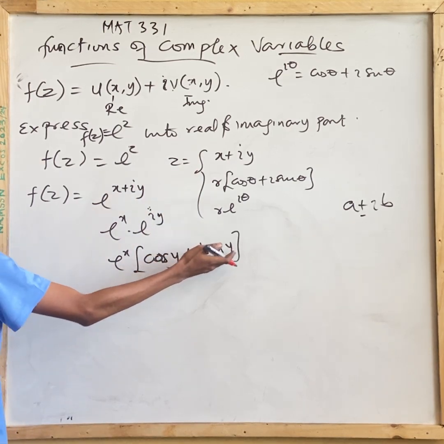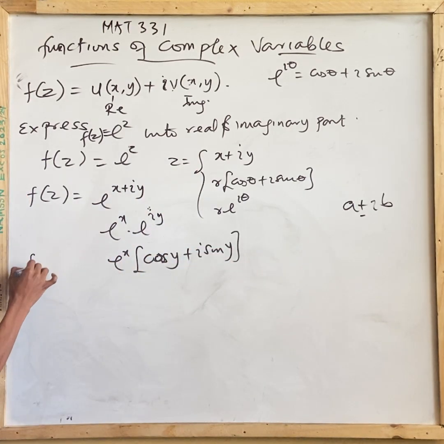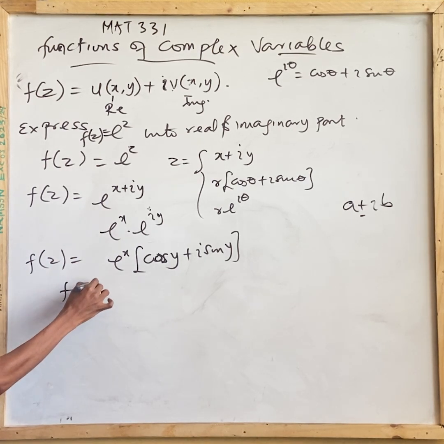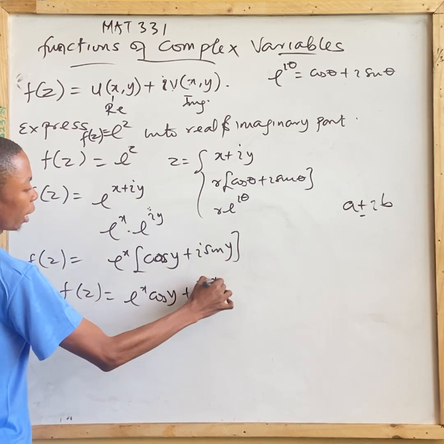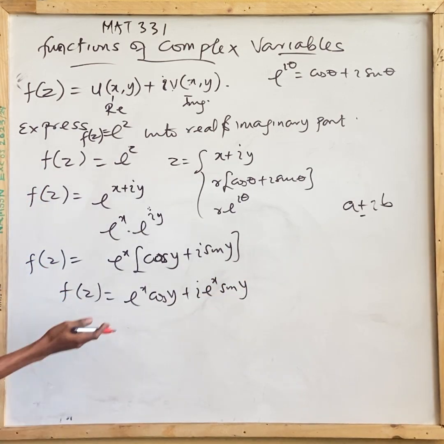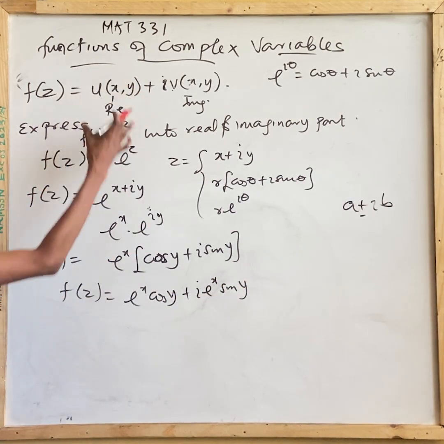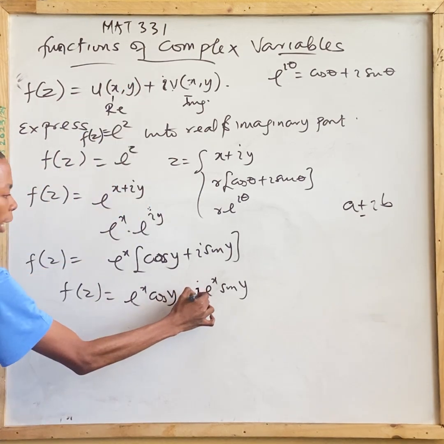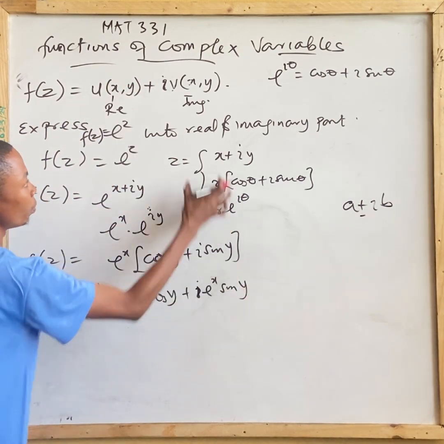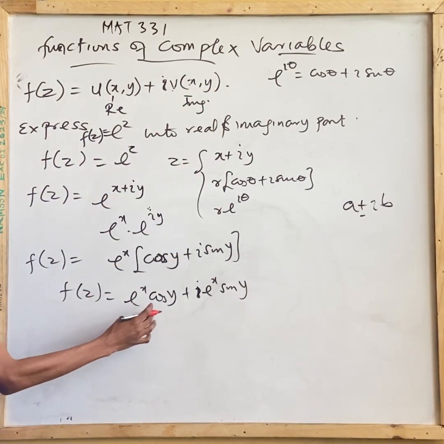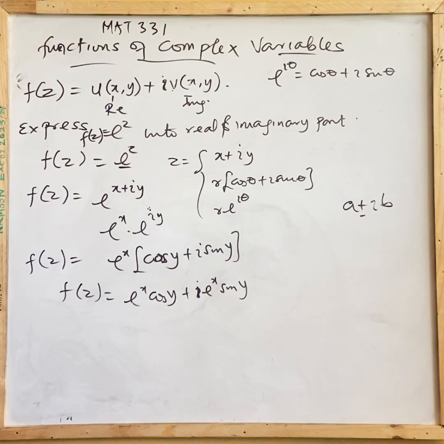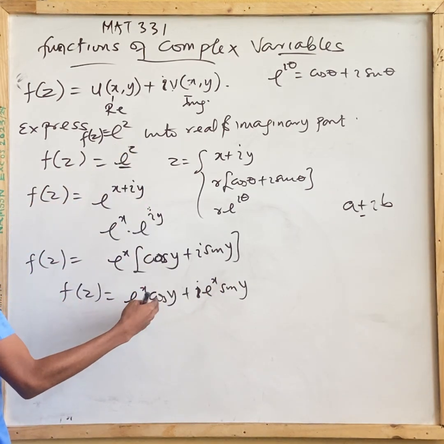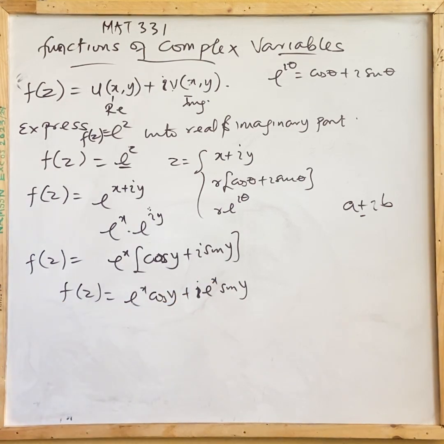If we remove the bracket, f of z will be e raised to power x cos y plus i e raised to power x sin y. So e^x cos y represents the real part, and e^x sin y represents the imaginary part of this exponential z. This is how we express exponential z as a function of a complex variable in real and imaginary parts. That's one example.